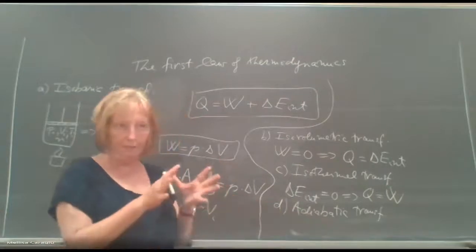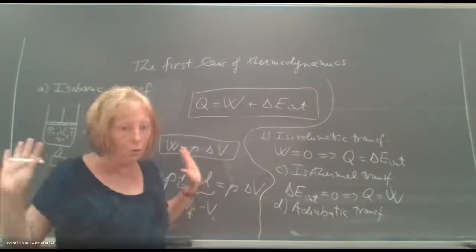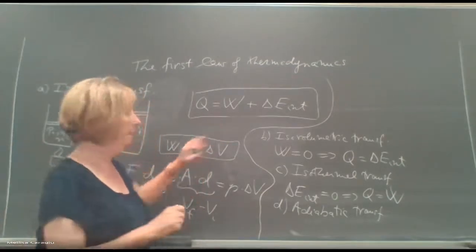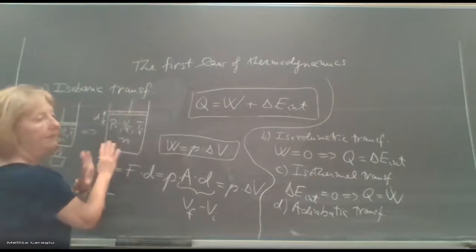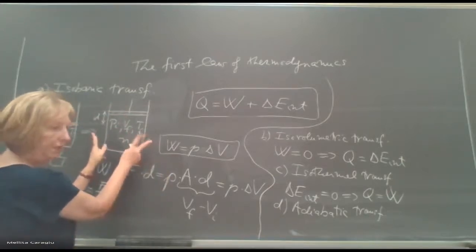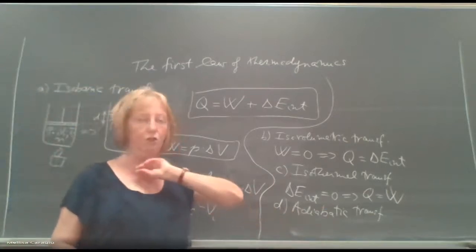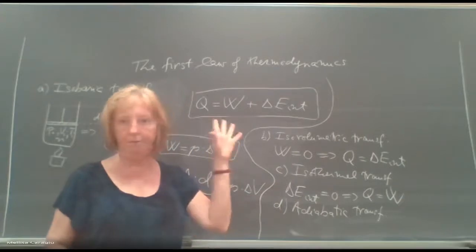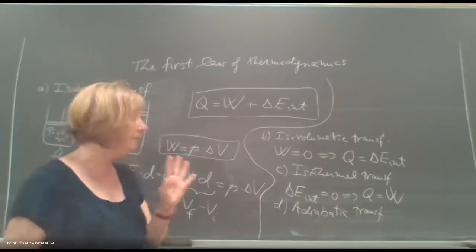That means a transformation which takes place so quickly that the gas in the cylinder with a piston does not have time to exchange heat with the surroundings. So that type of transformation, very, very rapid, definitely less than 1 second.